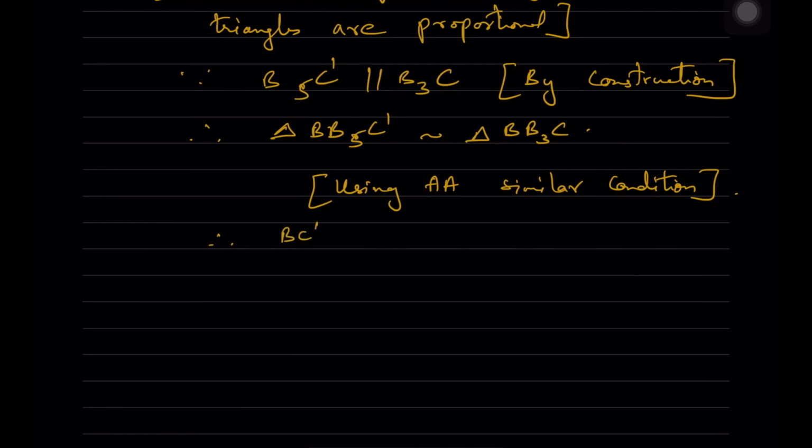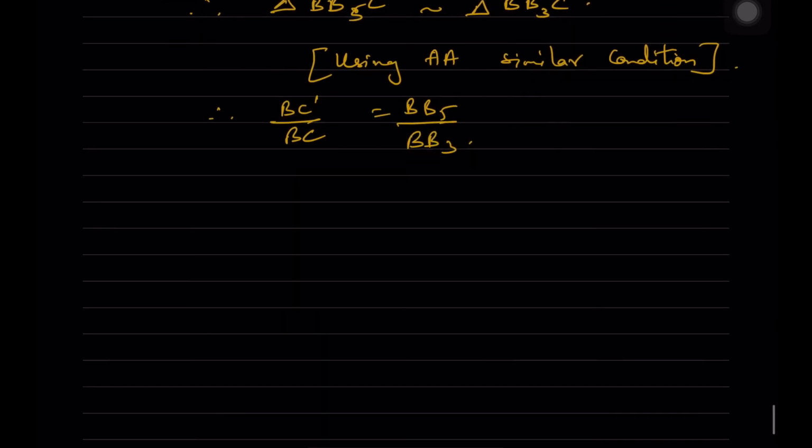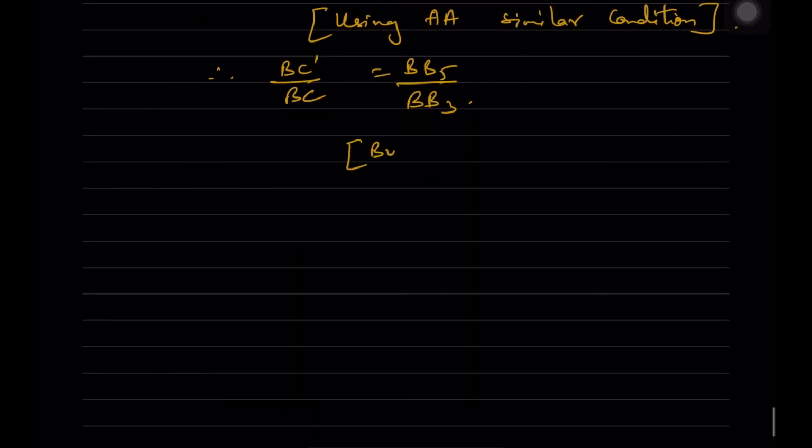Therefore BC dash by BC is equal to BB5 by BB3 by the basic proportionality theorem.